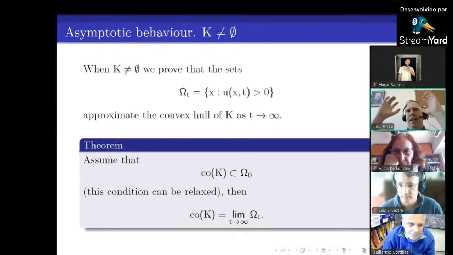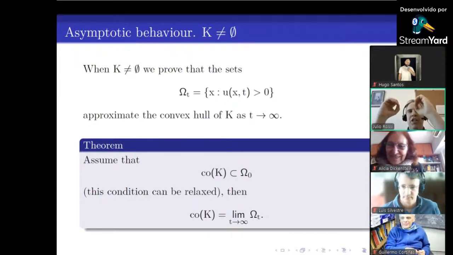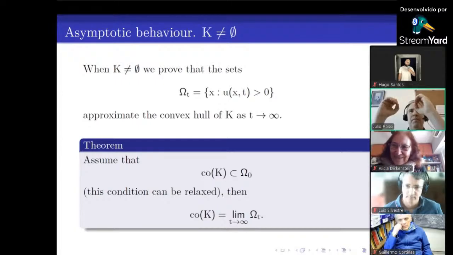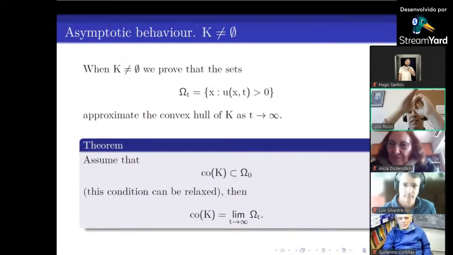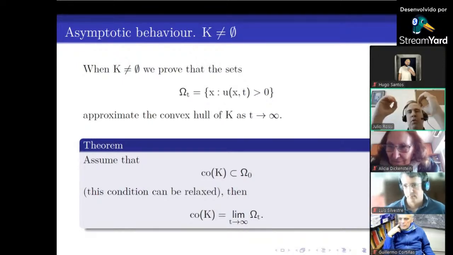Okay, let me make the following picture with my hands. Assume that K is two balls, right? You may have a surface that surrounds the two balls, but is thinner than the convex hull inside the tube that joins the two balls.